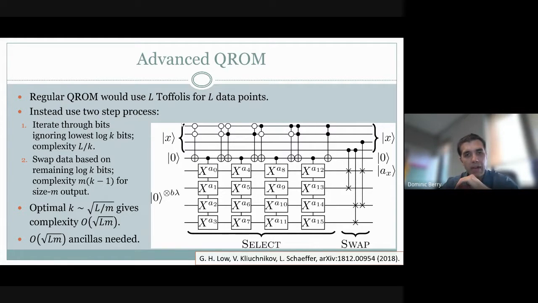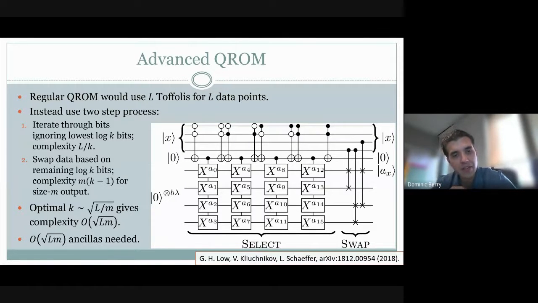Based on the top ones, you output data, indicated as these X's, for every value on the remaining qubits. Then the remaining qubits are used for controlled swaps, which swap the data that you want into the correct output register.